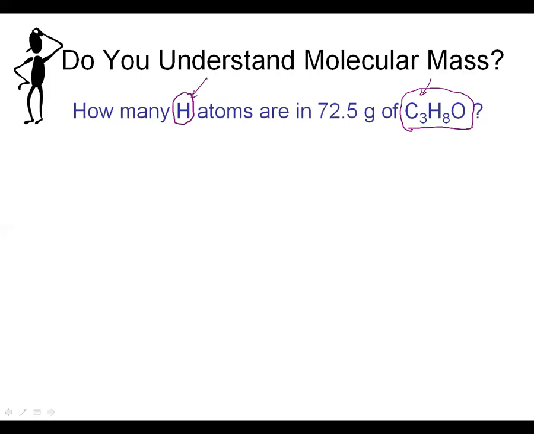So when we look at a formula, we see these numbers that are on the bottom. And again, if there's no number, it's assumed to be 1. These actually represent the moles of each of those guys. So we could use the formula itself to come up with a few different conversion factors for this. That means we could say in 1 mole of the entire thing, there would be 3 moles of just the carbon from the formula.